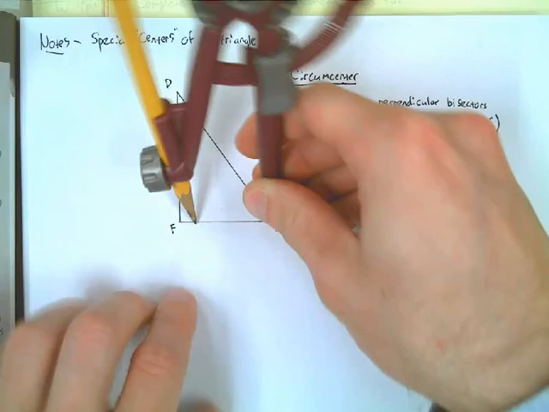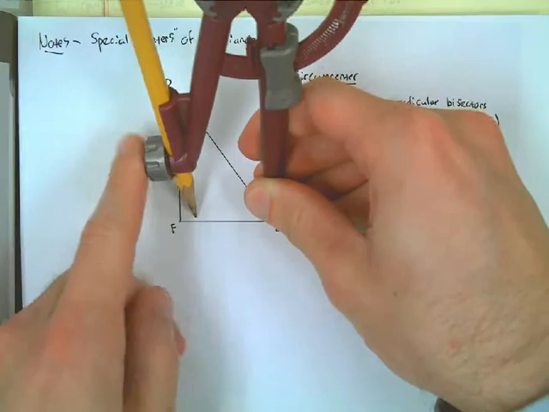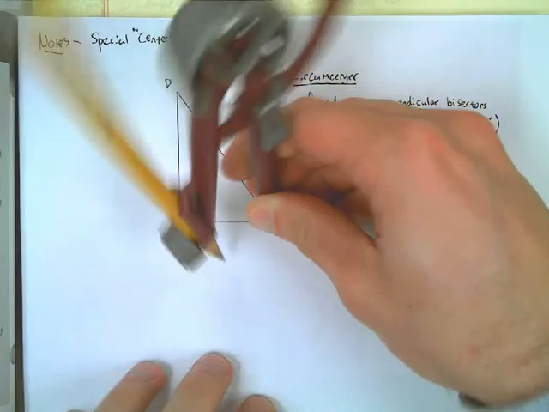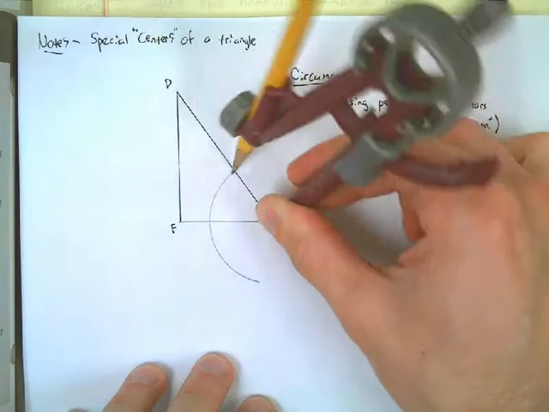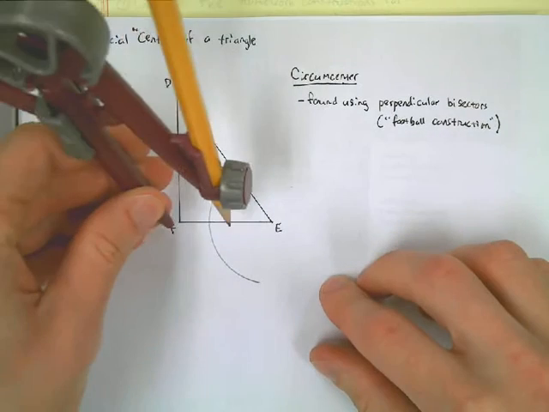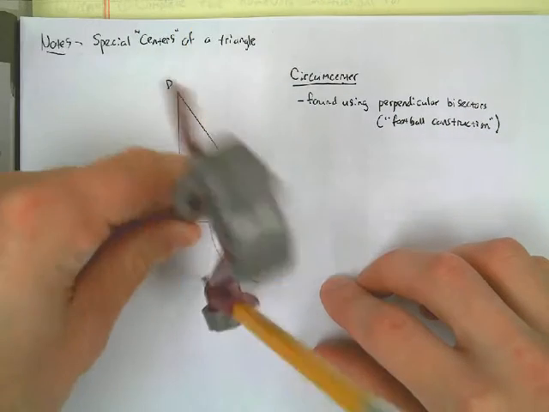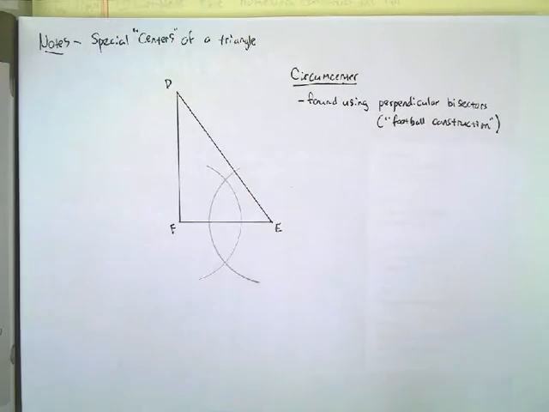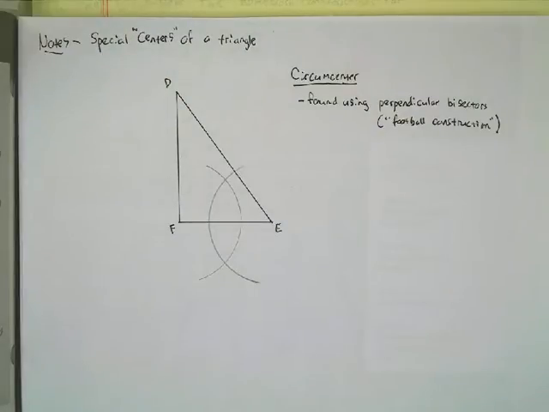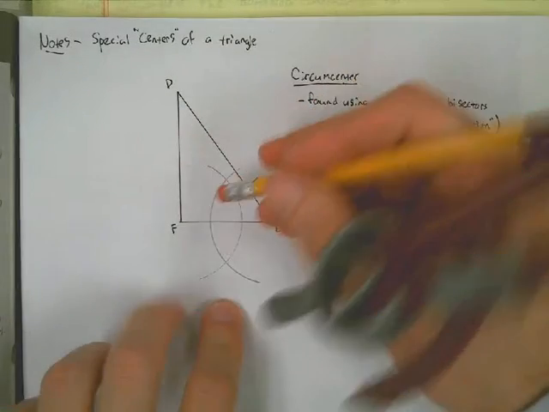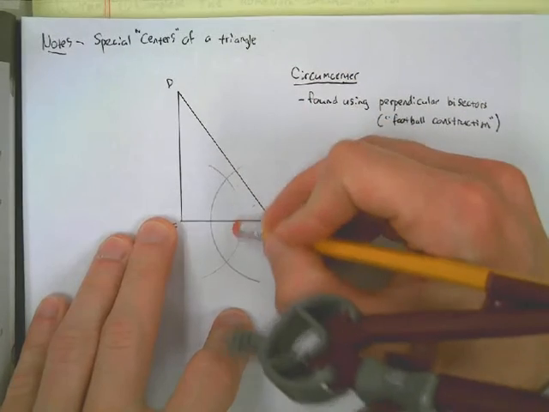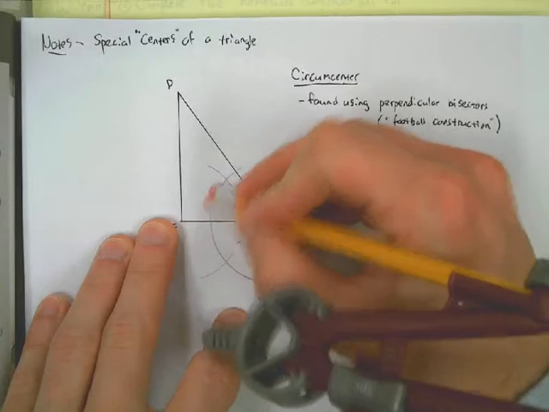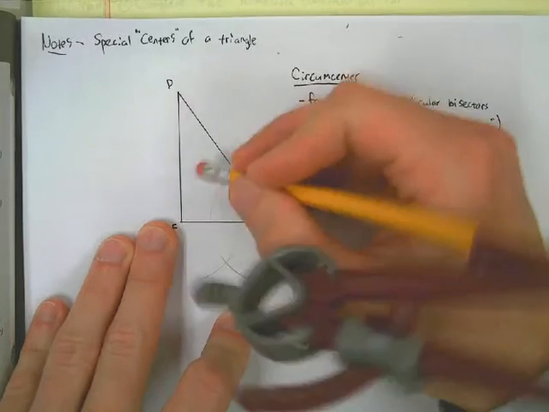Okay. Make sure your compass is open more than halfway. And then just do your two arcs there. Okay. Again, because sometimes it can get overwhelming to have so many arcs on here, I'm going to erase away some of my arc, just so that I have my intersection points and it's less confusing for me.